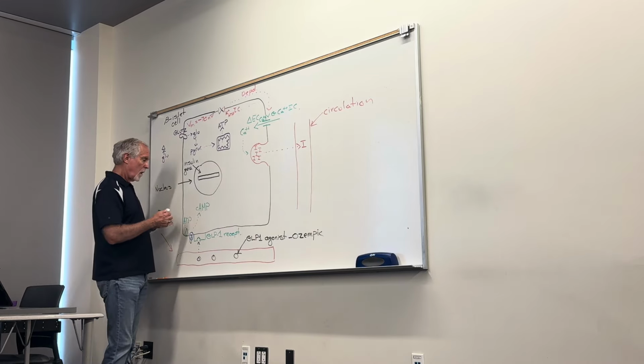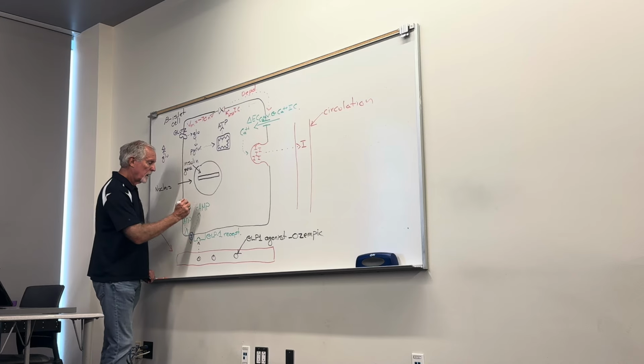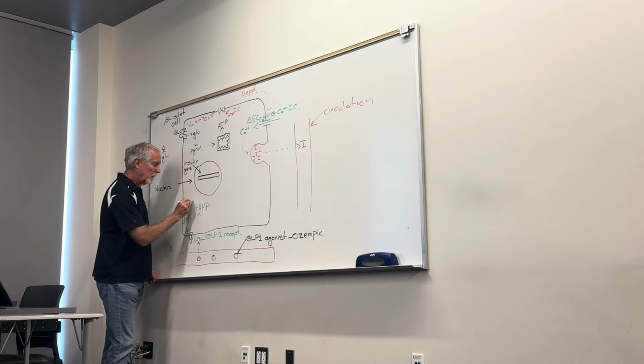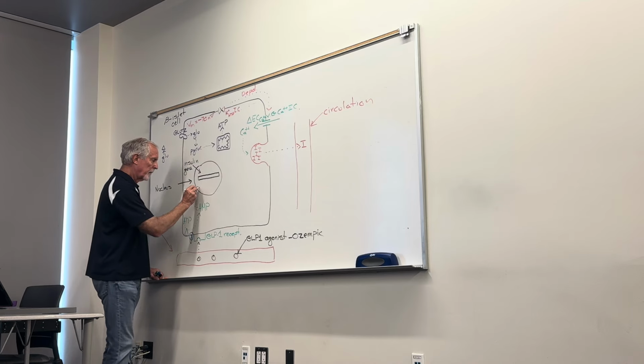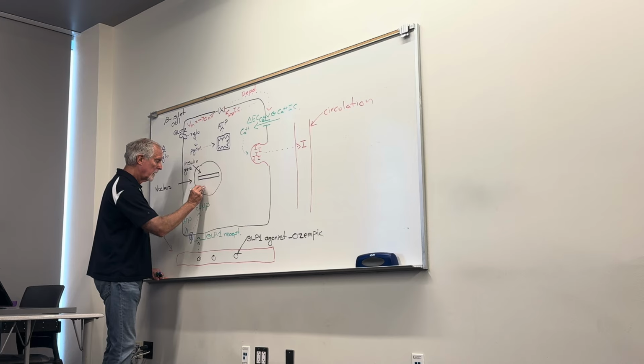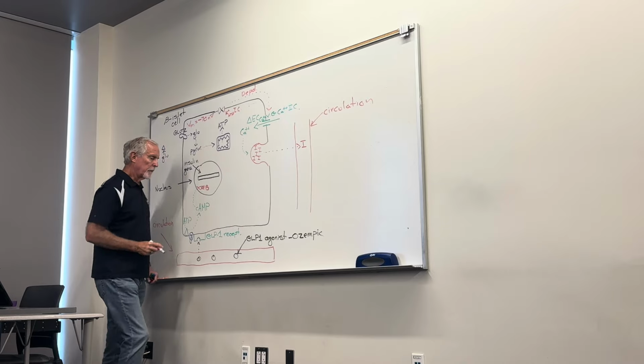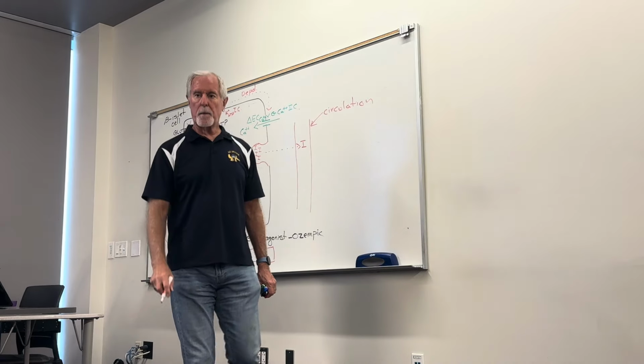So this cyclic AMP ends up creating what's called CREB. Oop, that was good. And that stands for cyclic AMP response element binding protein.